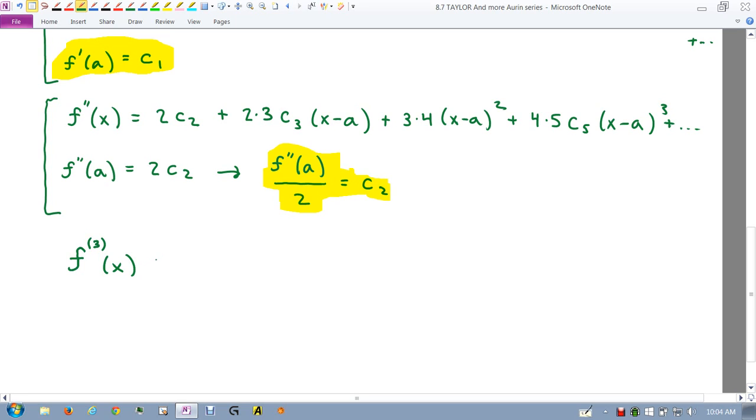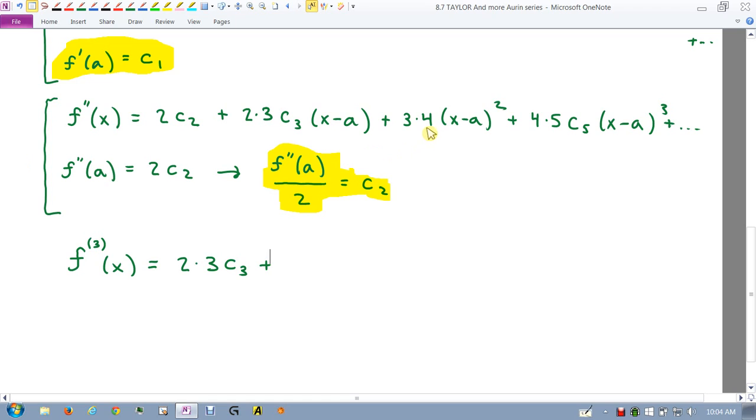All right, so what would our third derivative be? So derivative of this up here. This is gone, right? That's a constant. What's derivative of this? 2 times 3, c3. Plus, now this is the part that I'm hoping you'll pick up on.